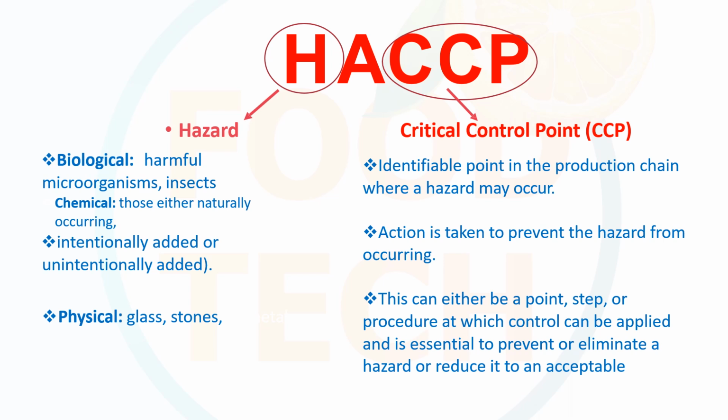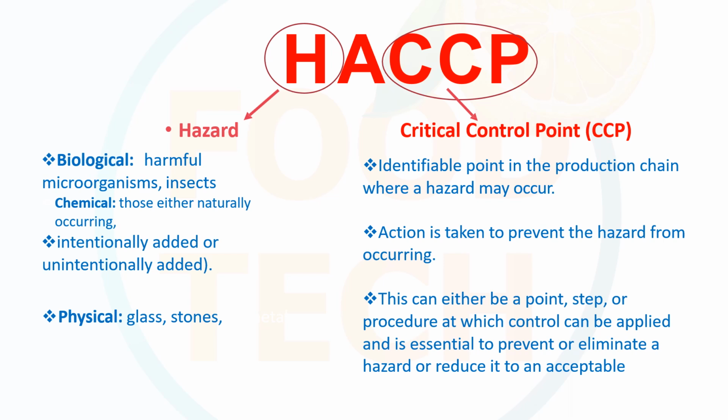So what are hazards? Hazards are mainly classified into three types, that is biological, chemical, and physical. Biological hazards are those which are caused by microorganisms, or anything related to microorganisms or any other organism.